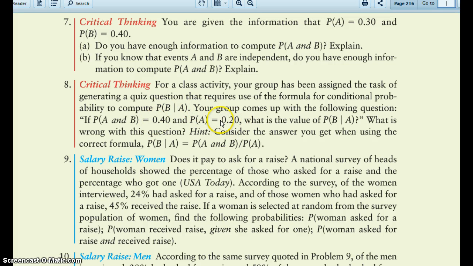These numbers cannot be correct. A or B can't have a lower probability than the A and B probability. The probability of A and B should always be lower than any of the individual items. So A should be bigger than 0.40, and if we were told B, B should also be bigger than 0.40. So that's why we have an issue. That's why we get an erroneous result when we use these values to compute the probability of B given A.